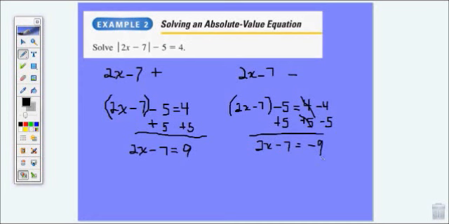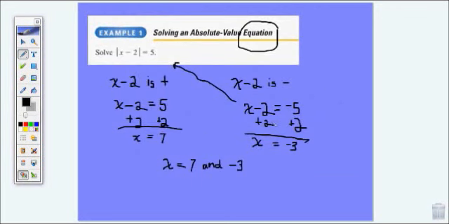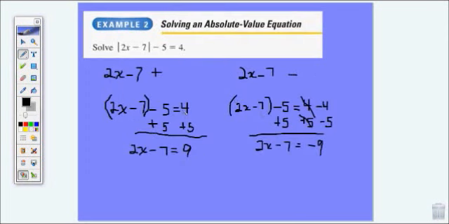Or you could just stay with this and change your answer to a negative, as we did on this first one. The 5 was positive, the 5 was a negative. The 4 is a positive, the 4 is a negative. In doing so, I'm sorry, the 9 is a positive, the 9 is a negative.